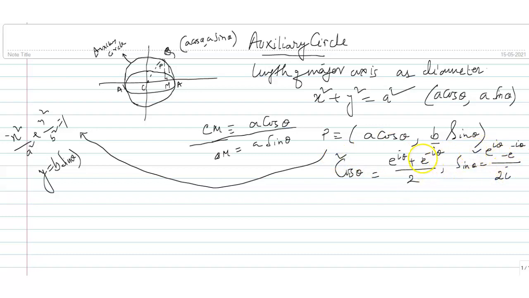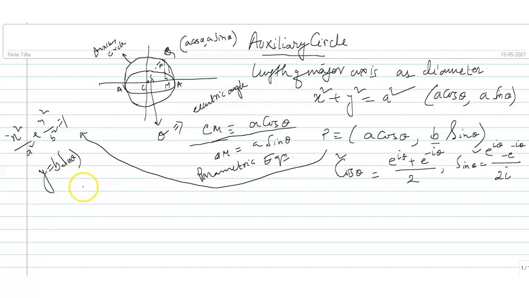Nothing to get scared about that equation. So this is the parametric equation of the ellipse, a cos theta and b sin theta. This theta is known as the eccentric angle.